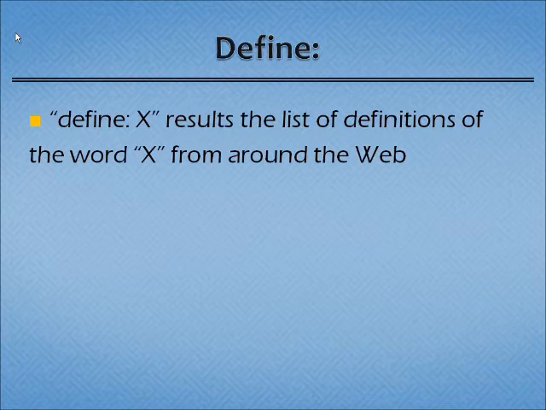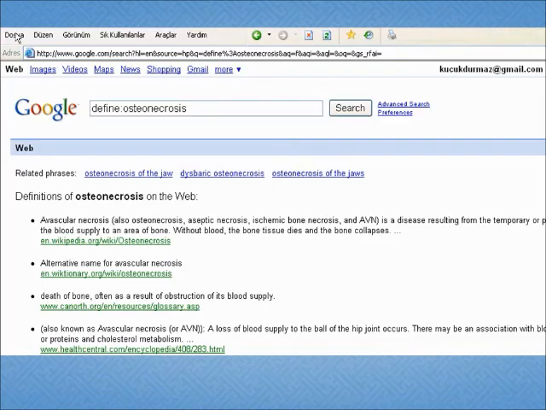More or less, it's very resembling to each other. So if we write define before the keyword, then we reach the results that contain the definition of that keyword. For example, define osteonecrosis. Then we reach the definitions of osteonecrosis. At least it includes a definition somewhere in the text. So this is a very useful instrument also.